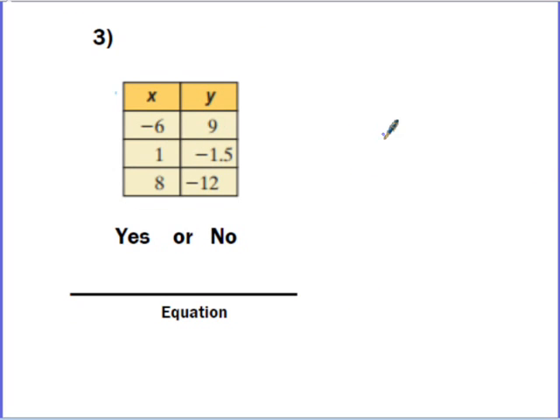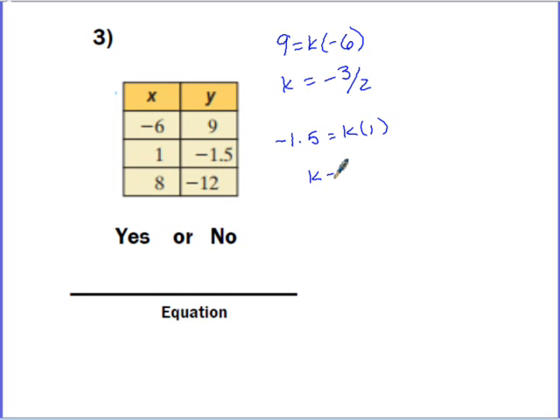Okay, 3 is still the same type of problem, so I'm plugging in 9 equals k times negative 6. All right. And 9 divided by negative 6 gives me a decimal, but I'm going to change it to a fraction, so I get negative 3 halves. Okay, and then I'm going to do the same thing here, so negative 1.5 equals k times 1.